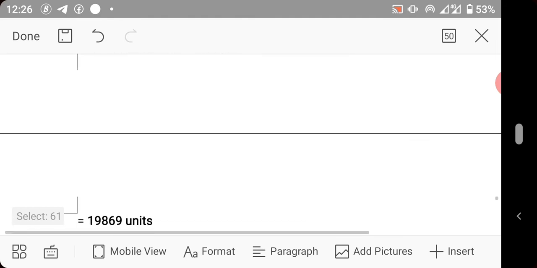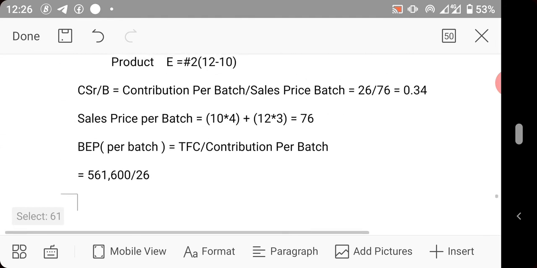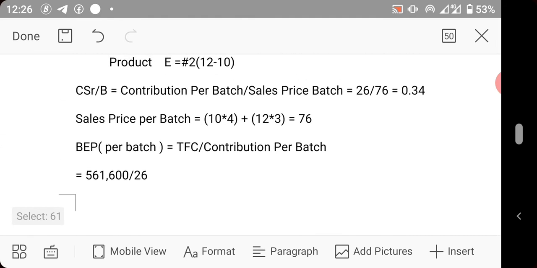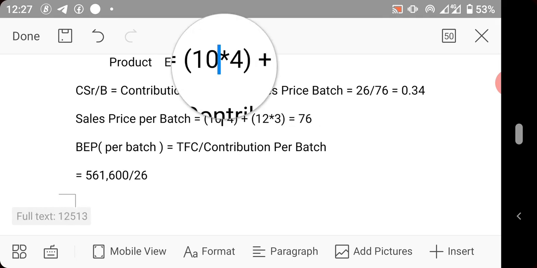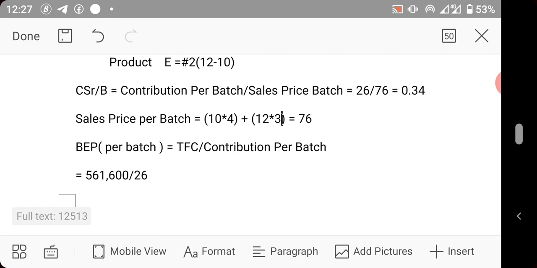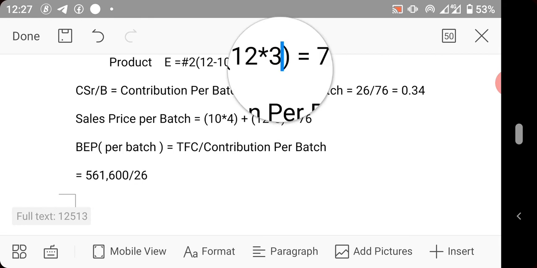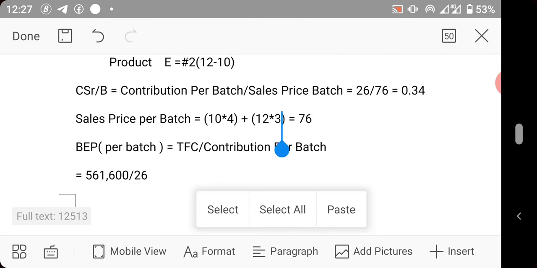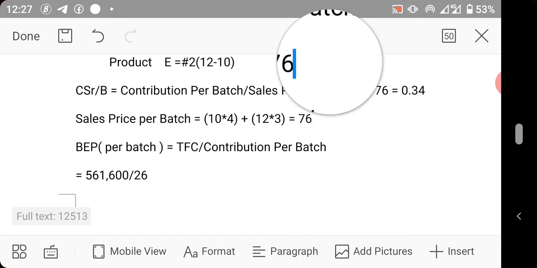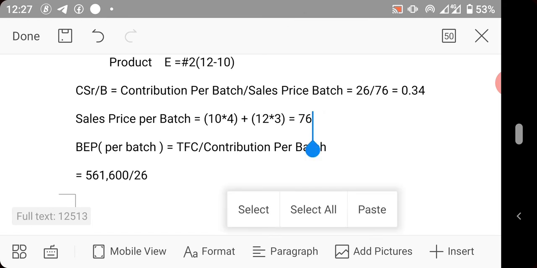The sales price of P is 10, while the sales price of E is 12. Their ratio of sales is 4:3. So you multiply the price of P by 4, you multiply the price of E by 3, so you have this value. This becomes our sales price per batch.